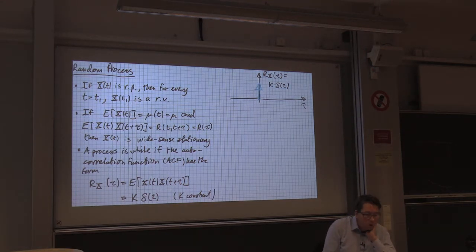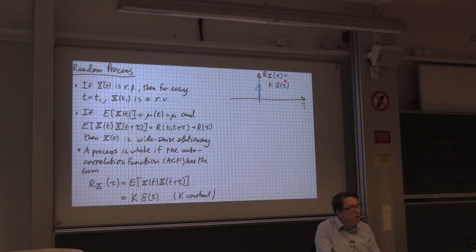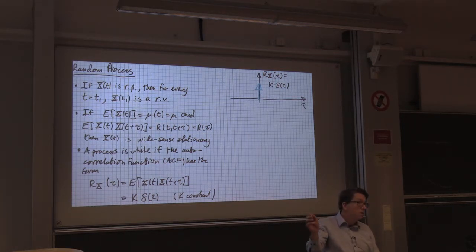Okay, so the reason why this is called a white process is actually the following. If we take the Fourier transform of this, we get something called the power spectral density, and it tells us how the power of this random process is distributed in frequency, and it actually turns out to be a constant.